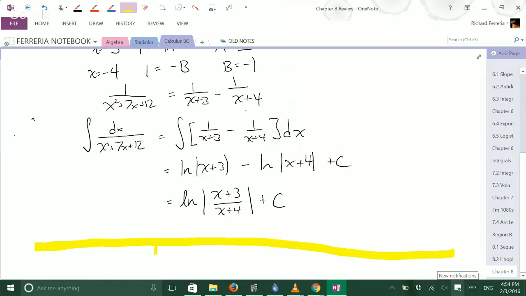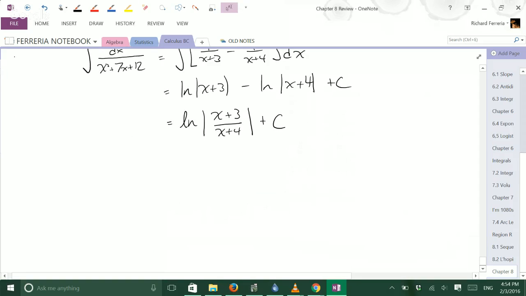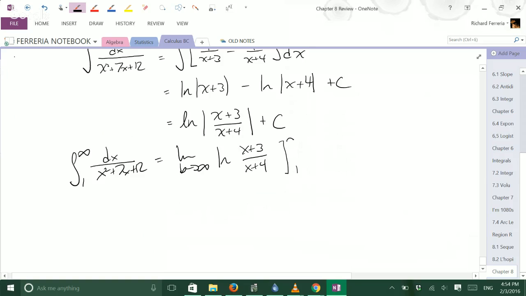Oh shoot, we are not done. What am I doing? Okay, so the integral from 1 to infinity of dx over x squared plus 7x plus 12 is equal to the limit as b approaches infinity of the natural log of x plus 3 over x plus 4 as x goes from 1 to infinity.